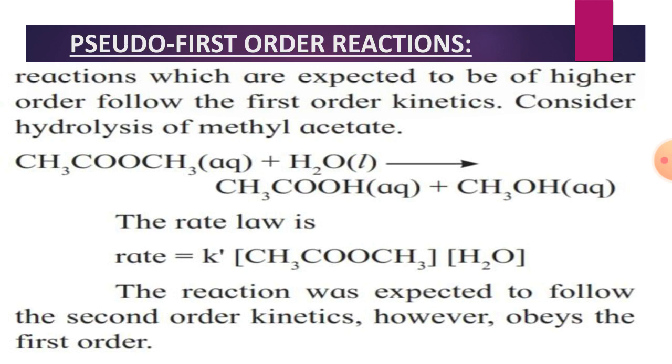So the rate law will be: rate is directly proportional to the concentration of the reactants. As we remove the proportionality sign, the equals sign comes and the constant k comes in. Here we are taking k dash. So rate will be equal to k dash times the concentration of methyl acetate and the concentration of water. The rate of this reaction should be like this.